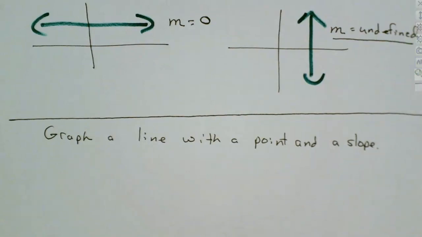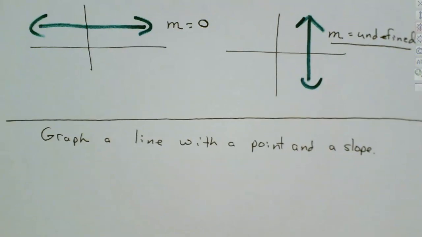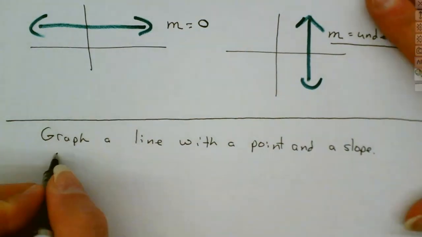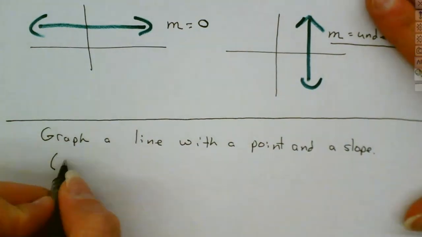We did the first one in 2-1, 2 points. If you have 2 points, you can connect them together and graph your line. You can also graph a line from an equation, which we're going to talk about later on today. Or you can graph a line when you have a point and you have a slope. So if I give you a point and a slope, we're going to graph this line.